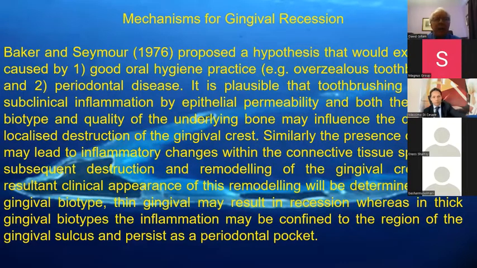Again, this is very dated, but Baker and Seymour, 1977, proposed a hypothesis which would explain gingival recession. And really, it's what I've just been outlining. It's either good oral hygiene practice, what we call overzealous toothbrushing, or the effects of periodontal disease. So basically, you can have damage done either internally, inflammatory change due to periodontal disease, or external pressures. Either way, you end up with recession.